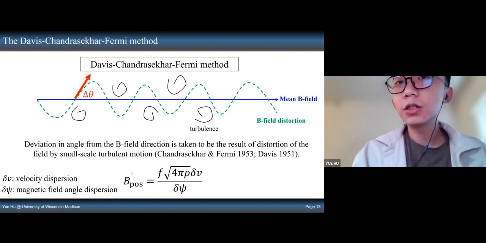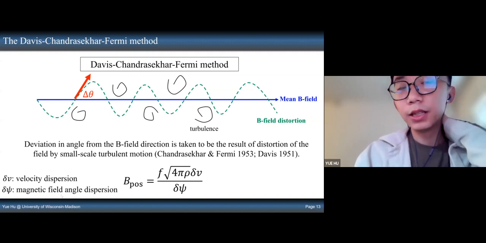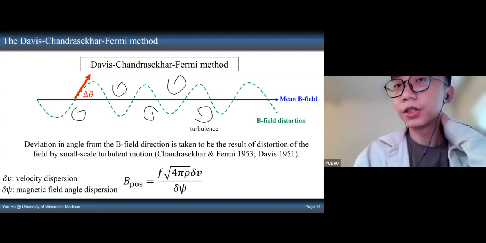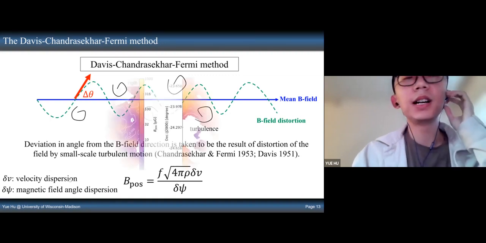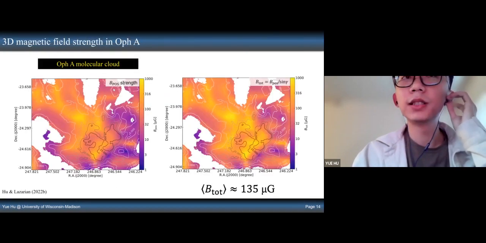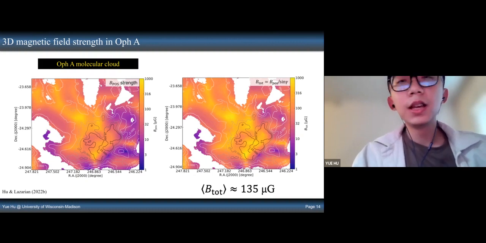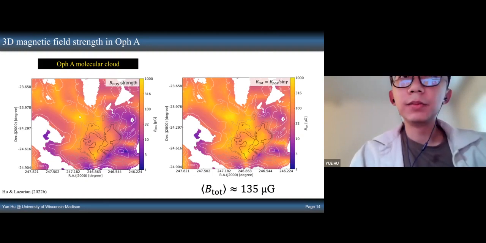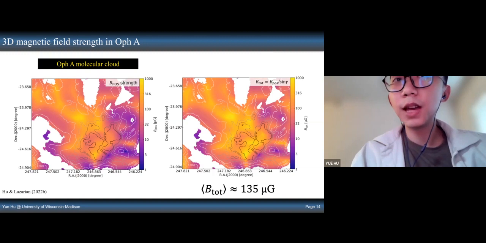Otherwise, if the distortion is small, we have a relatively strong magnetic field. From this method, we can calculate the plane-of-sky magnetic field using the velocity dispersion, which characterizes turbulence, and we also need the magnetic angle dispersion. This method tells us the plane-of-sky magnetic strength over the Ophiuchus cloud. On the left is the plane-of-sky magnetic strength map.